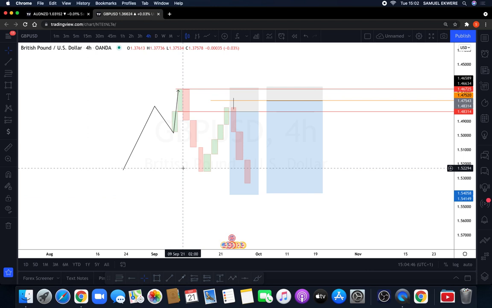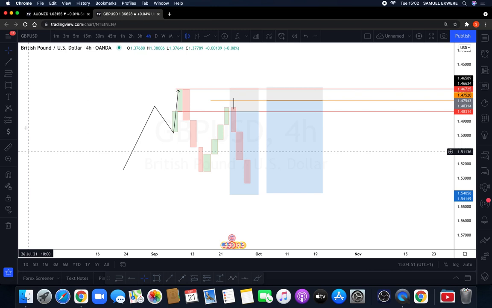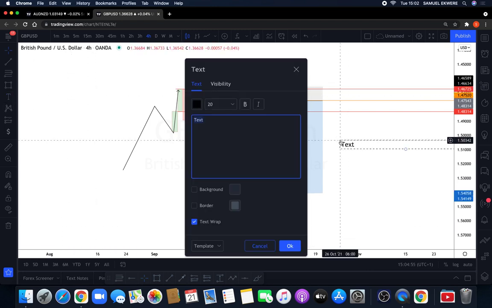Now, we have just three criteria. I'm going to write them out. Number one is: price will move far from the order block.